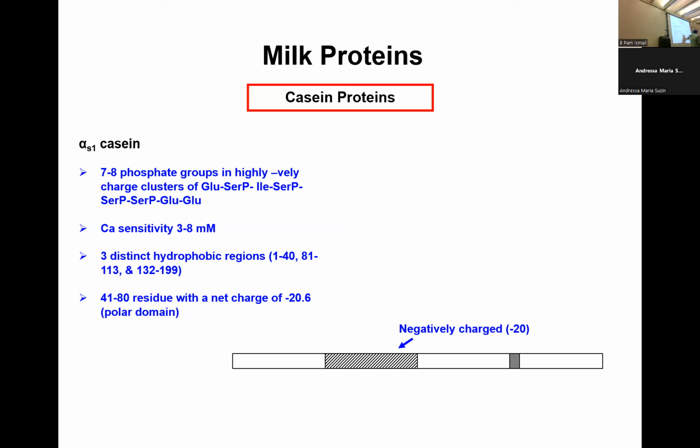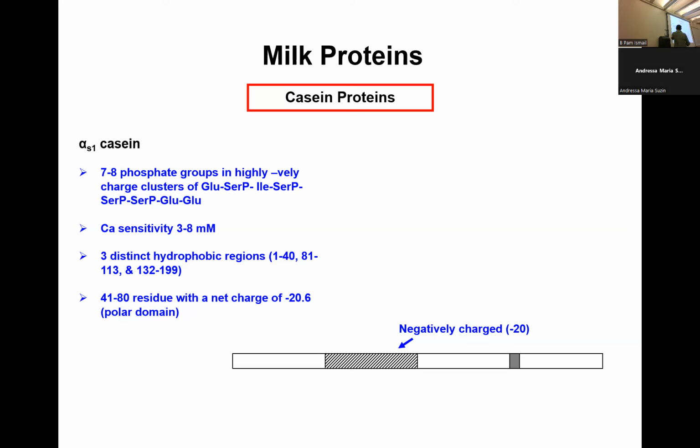This gray region over here, the solid gray, is just a hydrophilic region, but not necessarily charged. Okay, so this is just a visual of the distribution of amino acids within alpha S1. Okay, that's what you want to know.